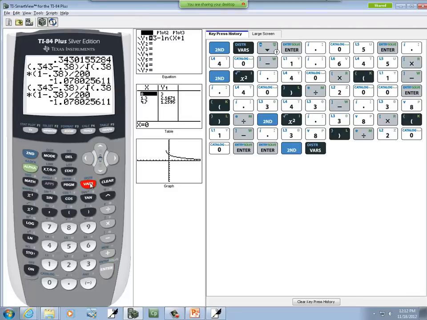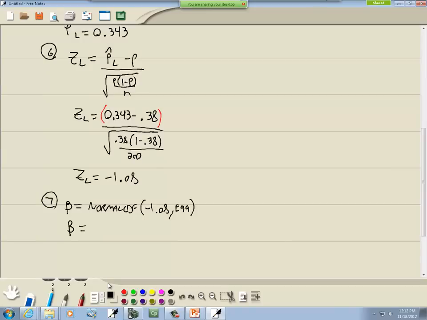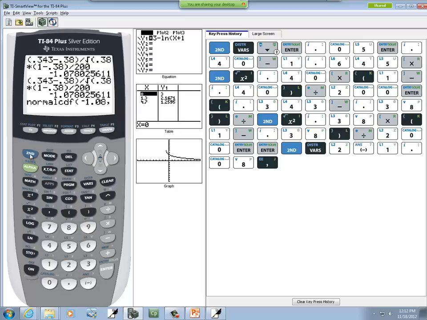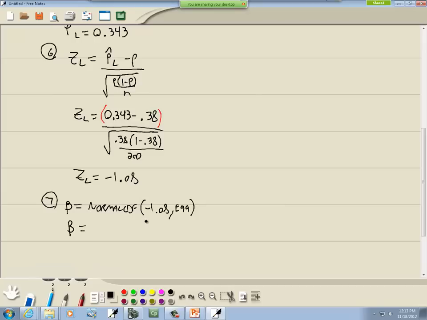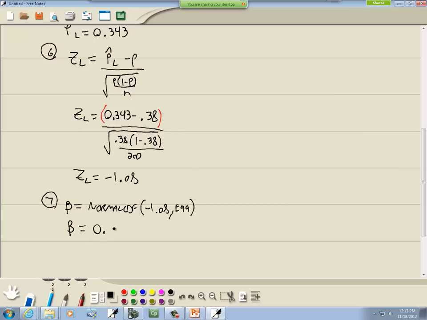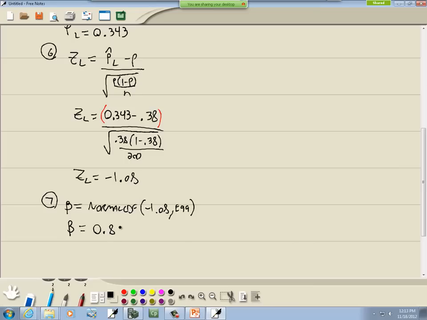Second vars, we'll choose normal CDF, the second one. Negative 1.08, comma, second, comma, 99, enter. And assuming I typed everything in correctly there, we get 0.8599. And that's our probability of a type 2 error.